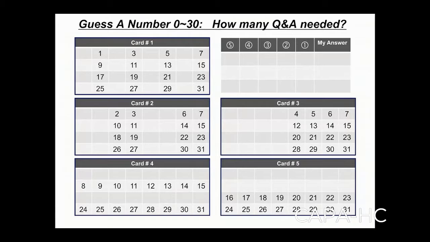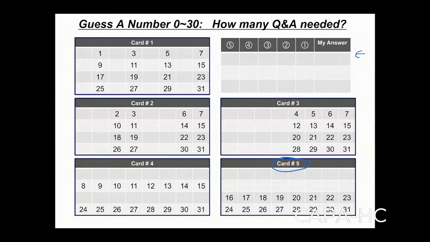So I would be able to tell you yes or no, whether the number that I wrote down is in each of these cards. So we are going to start with card number 5 here. And I will record the answers here, to help us figure out the process of doing the guess, and we will analyze how this works.